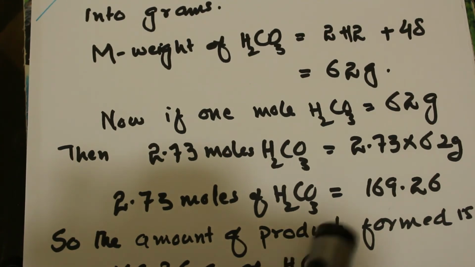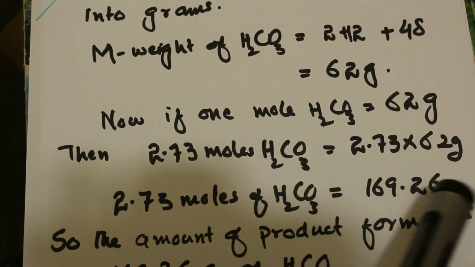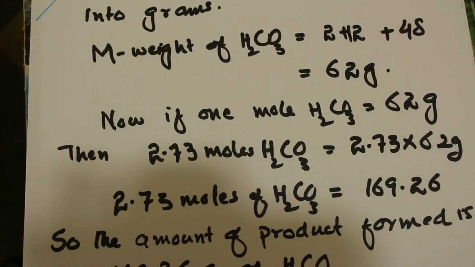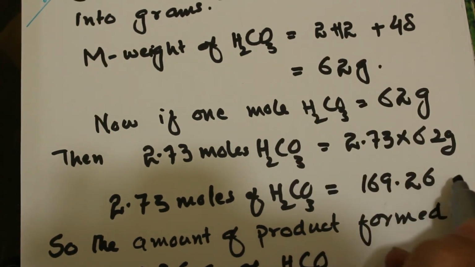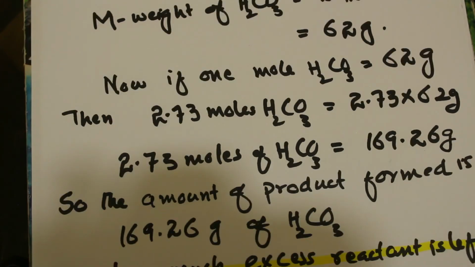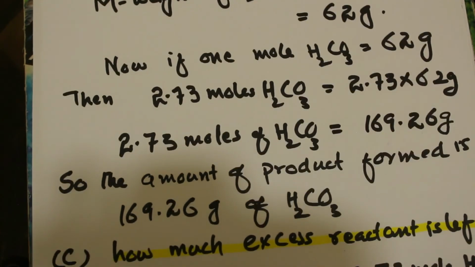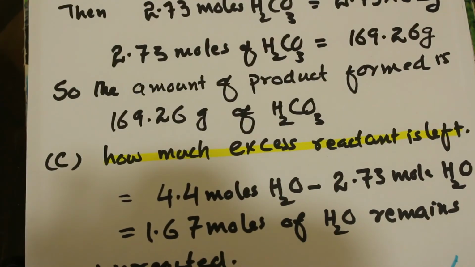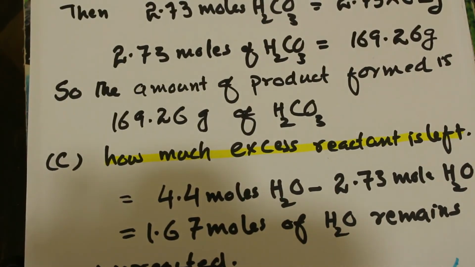So we get 169.26 gram. Let me write down gram here. So the amount of product, carbonic acid, which forms here is 169.26 gram.